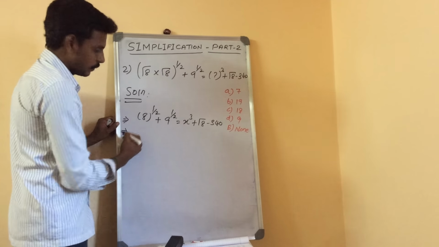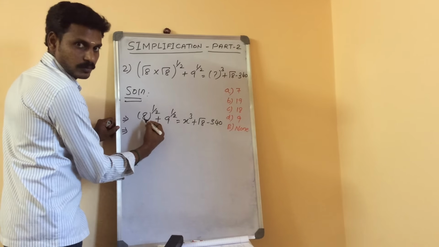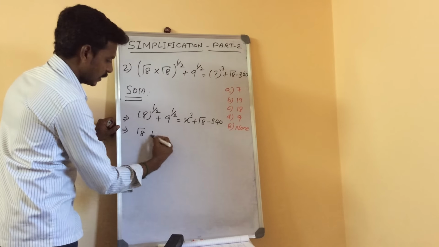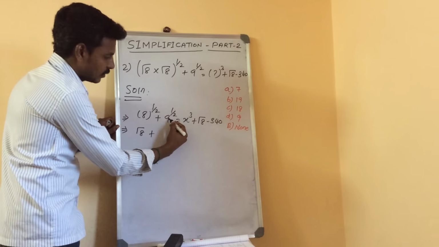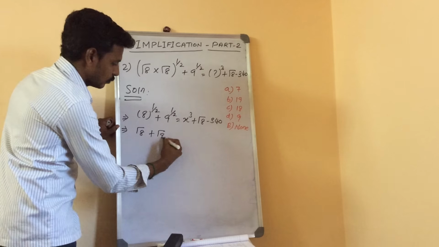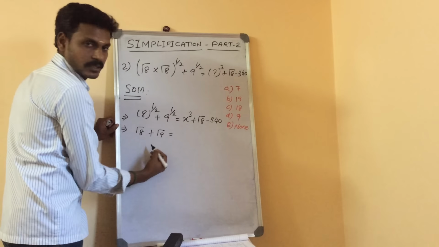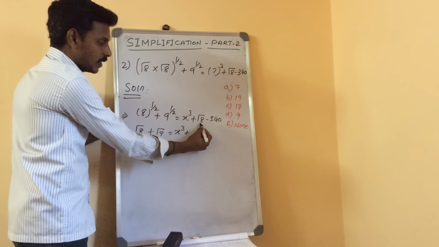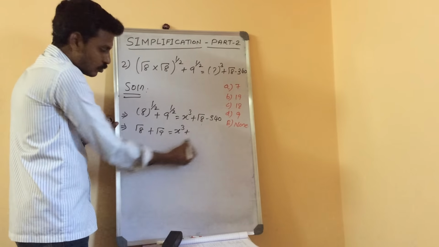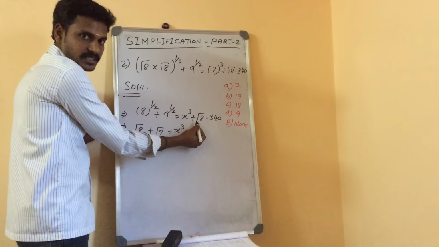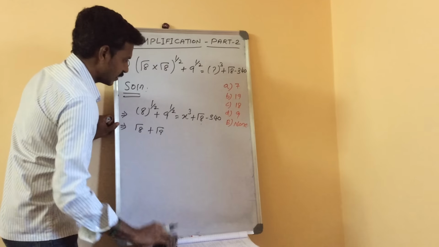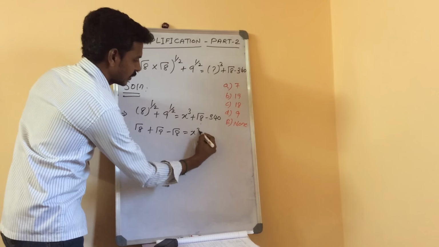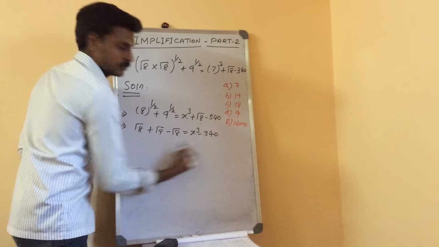Let's move to the second step. 8 power 1/2 we can take as √8, plus 9 power 1/2 as √9, equals x cube plus, the right hand side √8 will move to the left hand side, so the sign will be changed. So directly here minus √8, equals x cube minus 340.